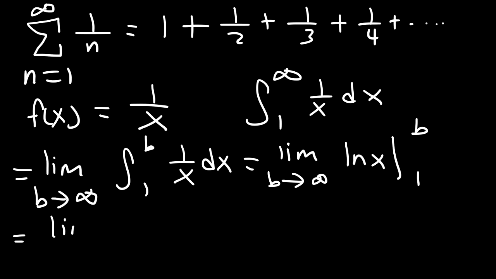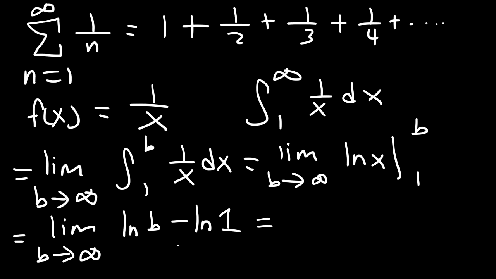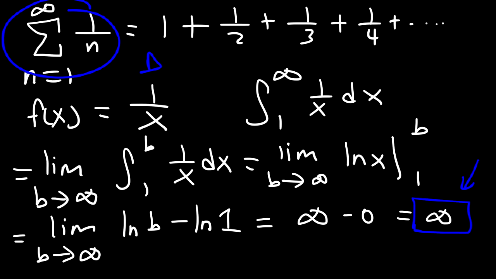So we're going to have the limit as b goes to infinity of ln b minus ln 1. Now, the natural log of infinity is infinity, and ln 1 is 0. So therefore, the integral diverges to infinity, which means that the series also diverges.